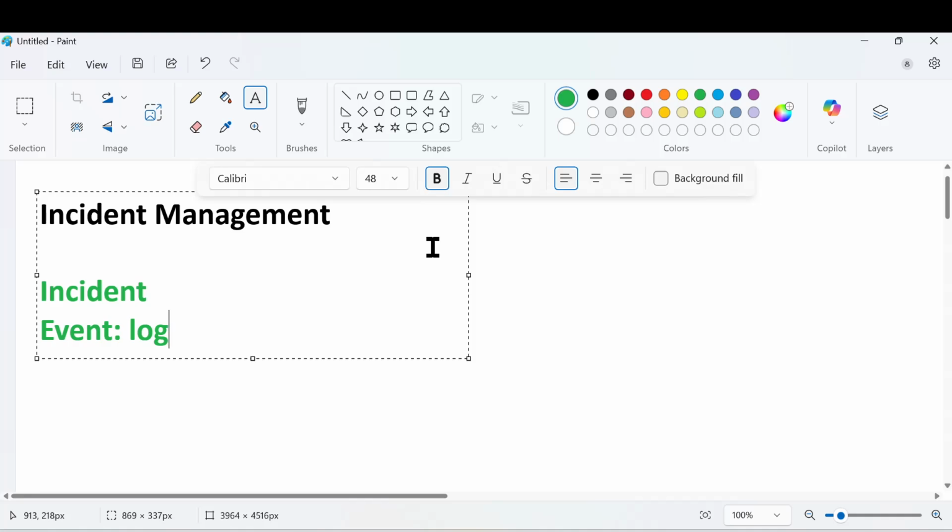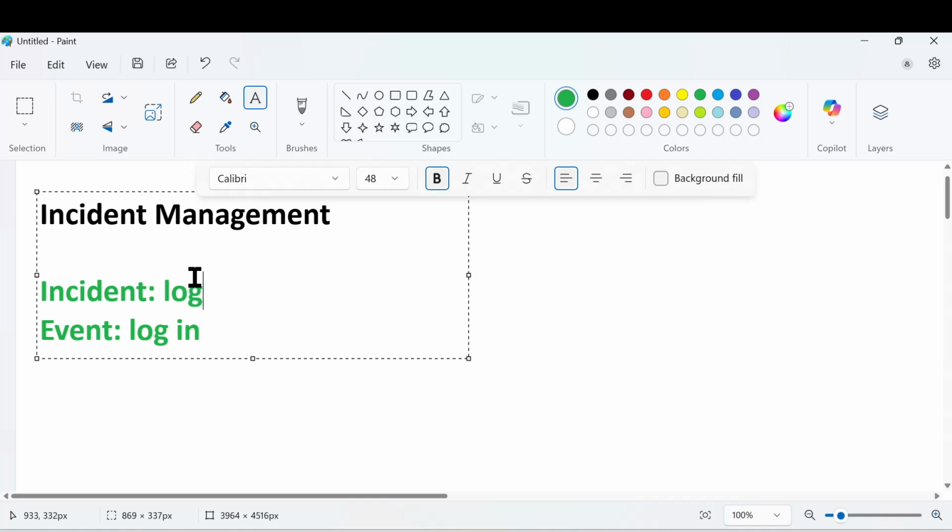Let's say I'm trying to log in to my laptop. That is an event. But when any event or action goes wrong, we call that an incident.